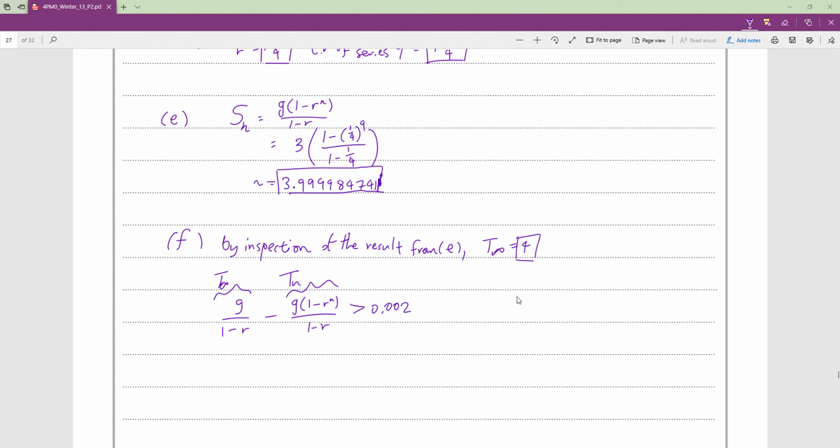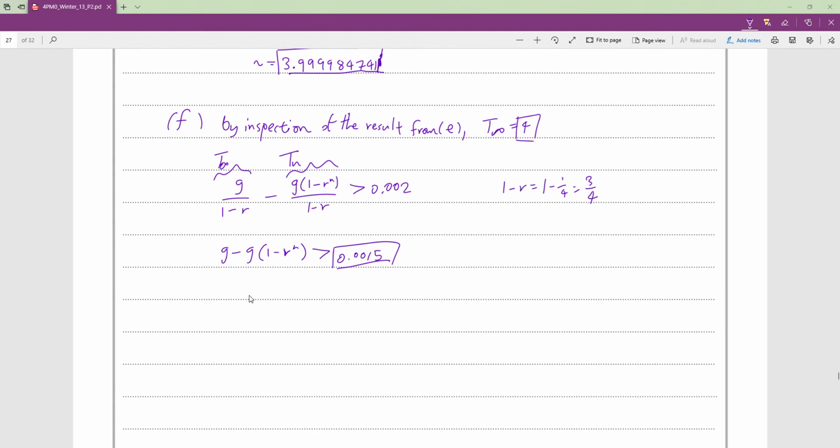And if 1 minus r is 1 minus 1 over 4, which is 3 over 4, multiplying both sides by 3/4 gets us g minus g times 1 minus r to the n must be greater than 0.002 times 3 over 4, which is 0.0015. And we can factorize g out as well, actually. So g times 1 minus 1 plus r to the n is greater than 0.0015.